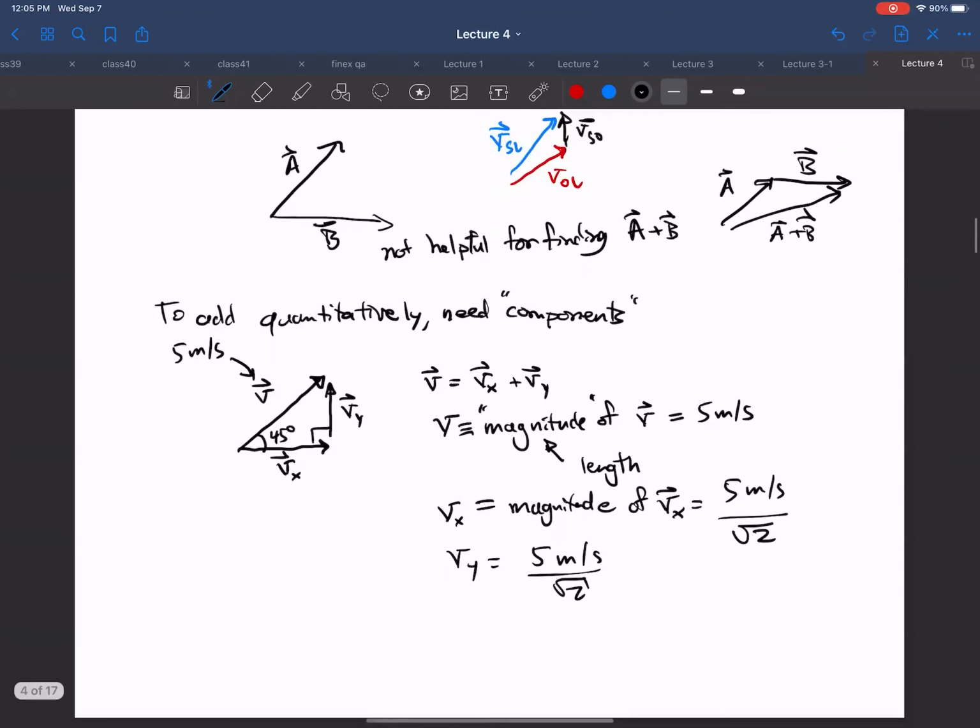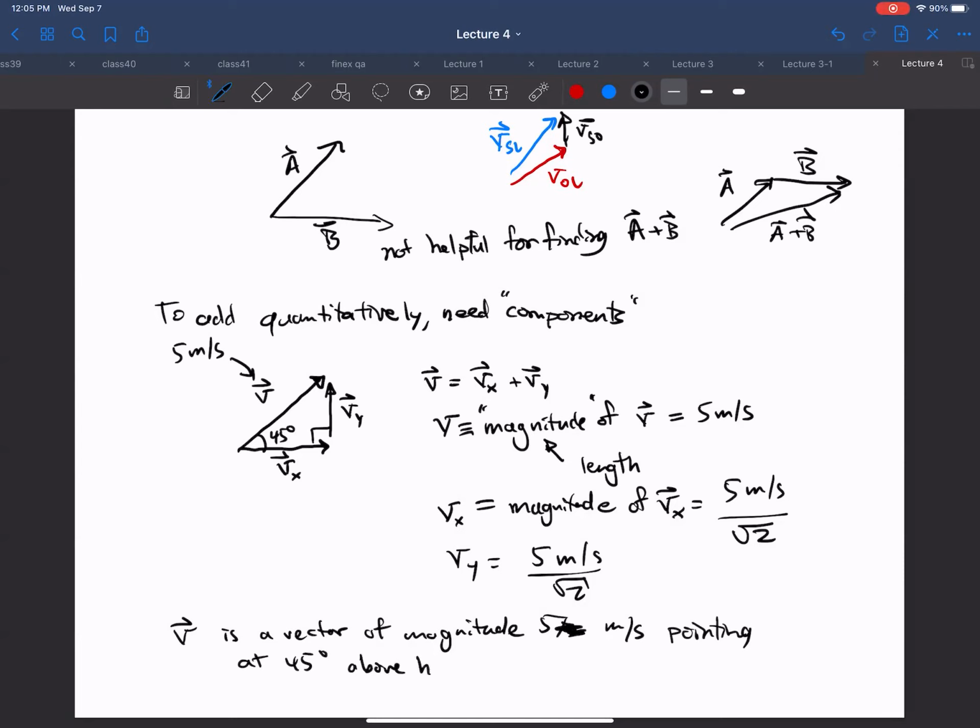So I could say a few different things. I could say v is a vector of magnitude 5 meters per second pointing at 45 degrees above the horizontal. That fully specifies vector v.